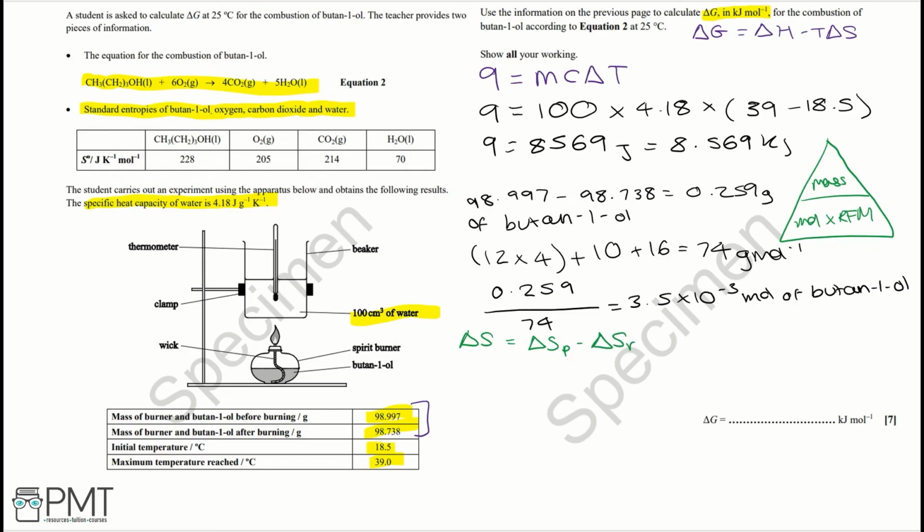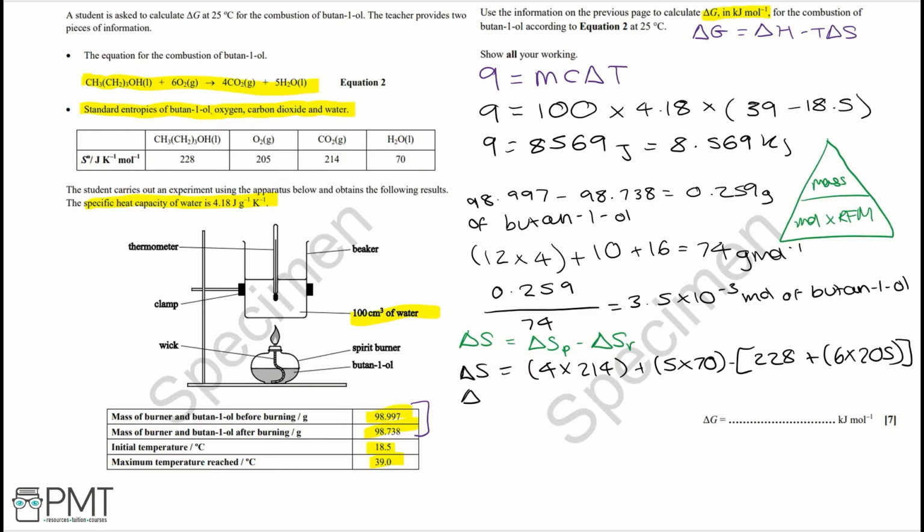So this is going to be equal, or our delta S is going to be equal to 4 times 214 plus 5 times 70 minus 228 plus 6 times 205.